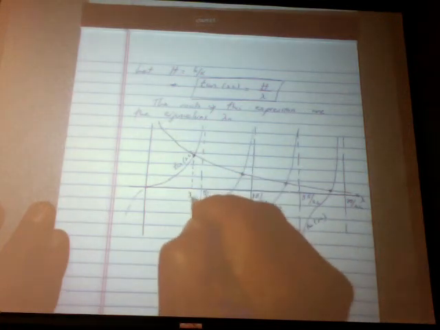This is root 1, root 2, root 3, root 4. There's an infinite number of values of lambda that make the equation on the left equal to the equation on the right, but it's not explicit. They are not equidistant from each other, so they're not periodic.